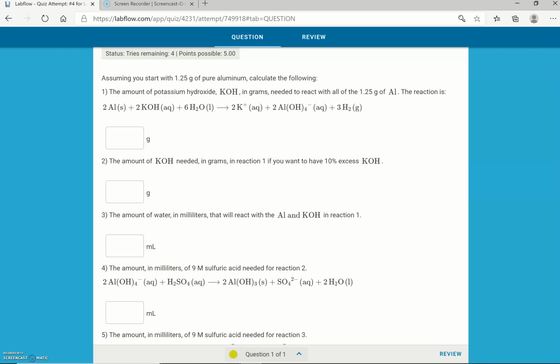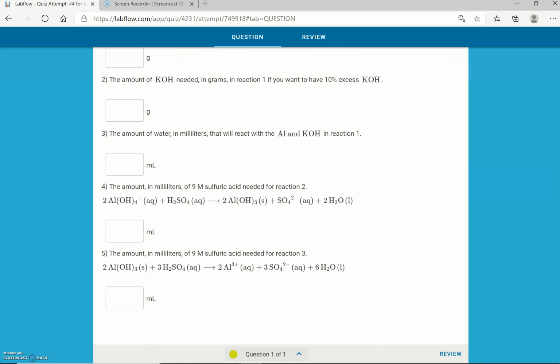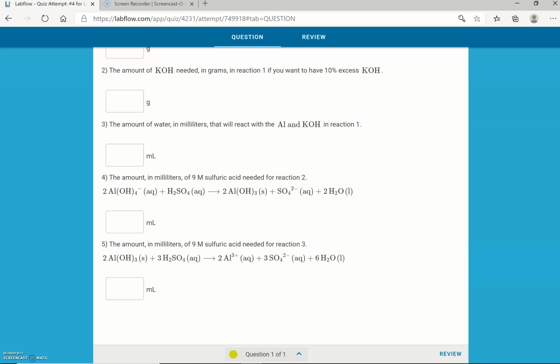Question 2 in LabFlow asks the amount of KOH needed in grams from reaction 1 if you want a 10% excess. The value that we would get for number 2 would go in your proposal.